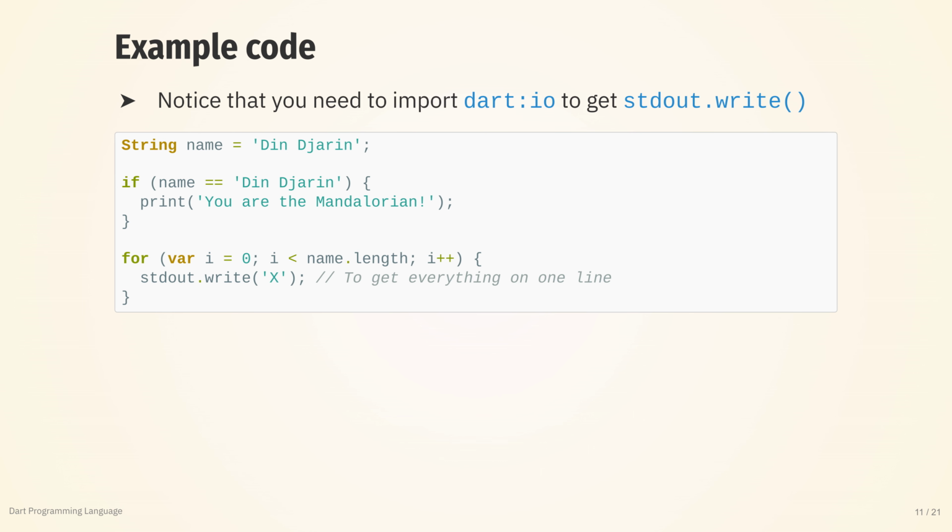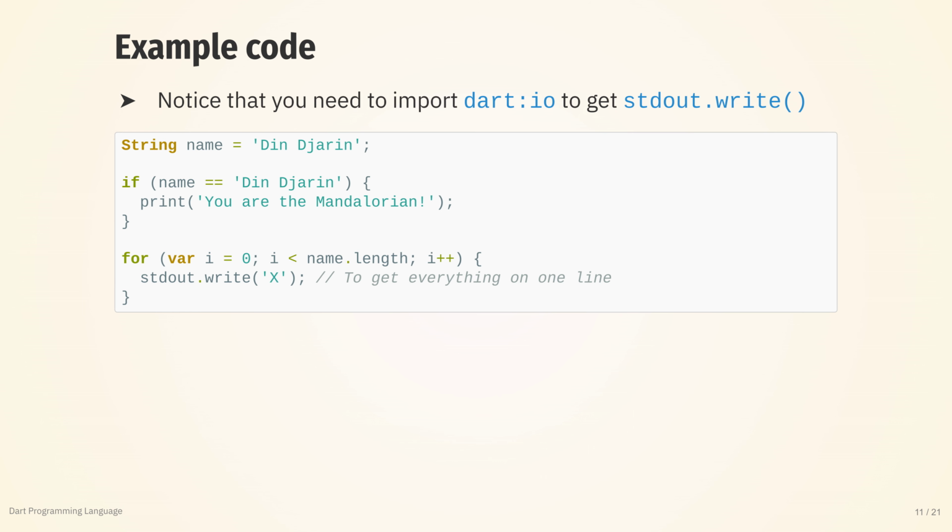It's initialized at once to dinjarin. And then we check with an if statement, if name is equal to dinjarin. And in this case, we see that in contrast to how you do it in, for example, Java, where we need to call equals, here we can just use the equal signs in order to check if name is containing dinjarin.